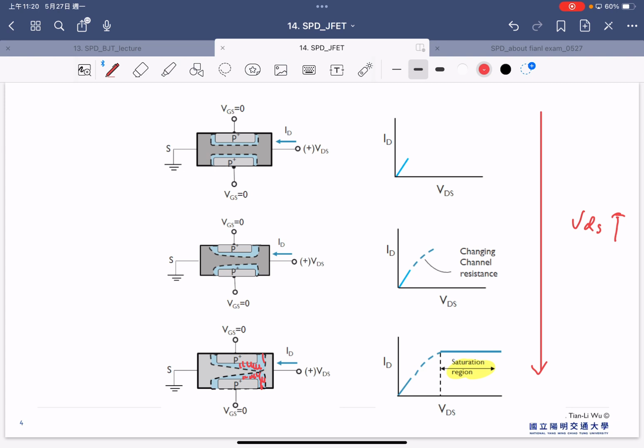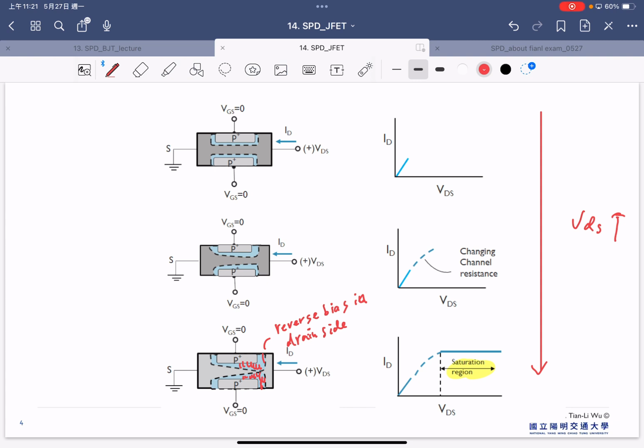So we have the reverse bias in the drain side. Therefore, you will have a larger reverse bias because of your VDS increase.